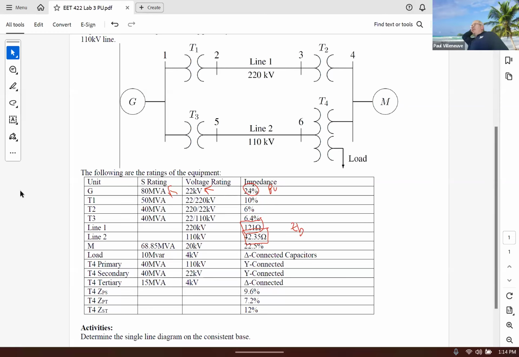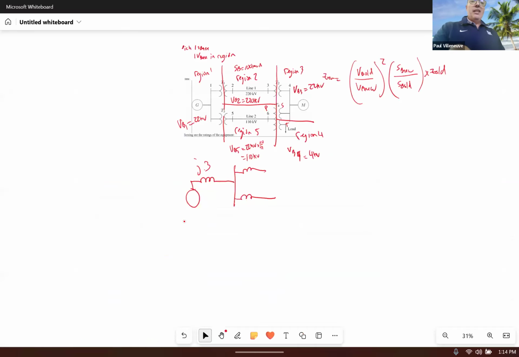There's a third option. How about 22 or 220? I'm voting for either one. Doesn't matter, right? On either side of the transformer, the Z base is going to work out. So you can do it on the 22 side or the 220 side. But you have to be careful. If I'm doing it on the 22 side, then my region is region 1.